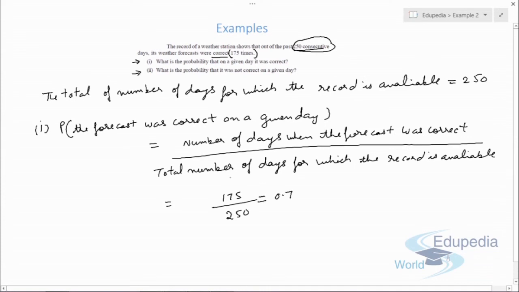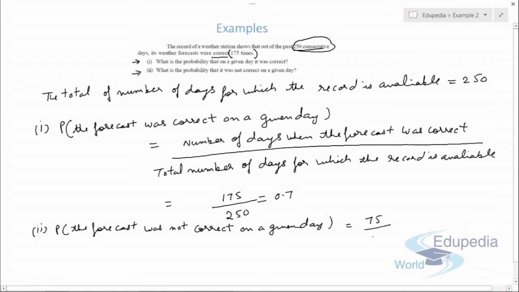Let's see how we can solve the second part. We need to find the probability that the forecast was not correct on a given day. We can write P(the forecast was not correct on a given day) as 75 upon 250.